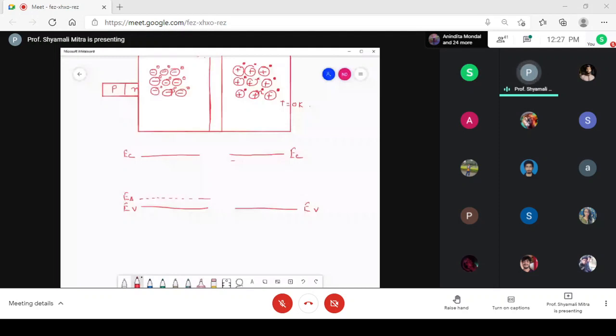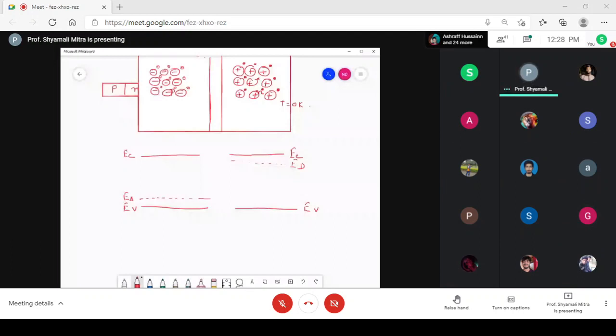And as a result, what is the Fermi level? It is at mid gap, just the middle of the band gap.